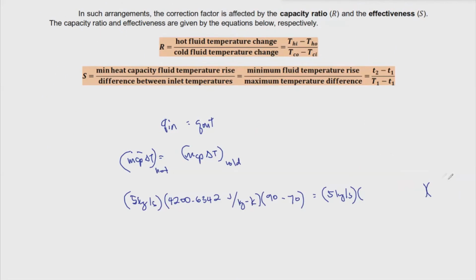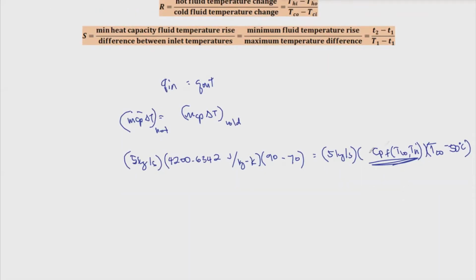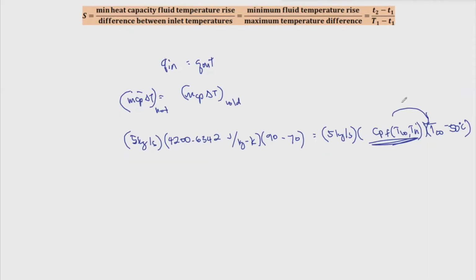And then, of course, yung Cp natin dito is a function of our TCO, and then yung ating TCI. So, we still need to find this specific heat capacity na dependent naman din sa TCO. So, hindi siya ganun kasimple kasi nga, Cp is dependent on the average of this one.